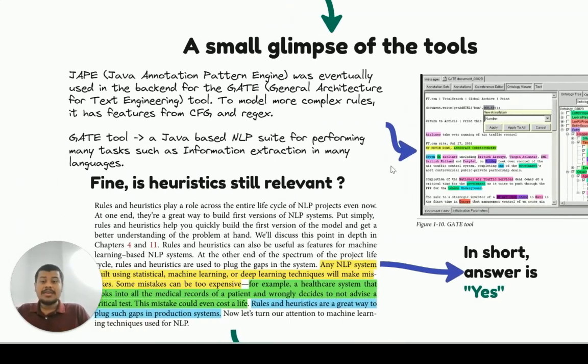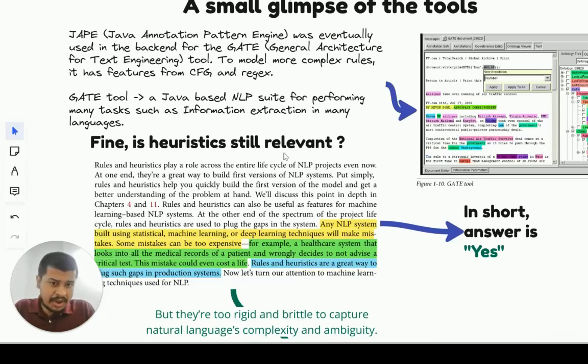And that is why, if anyone asks you, or if you ask yourself, is heuristics even relevant now? Why am I even learning this? If we have this doubt, let me clarify it now. This snippet that I've posted here is from the book Practical Natural Language Processing, which was released in 2020.